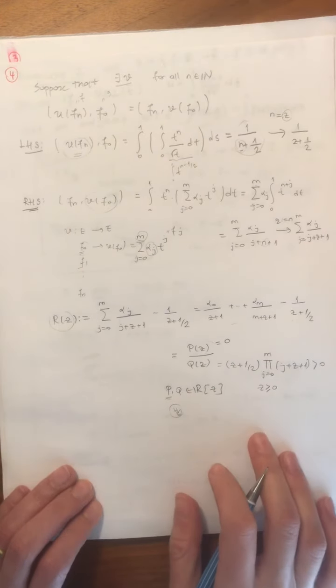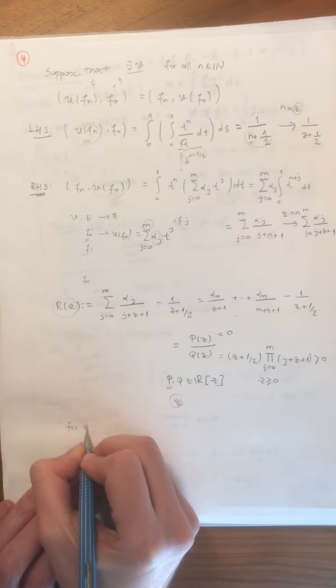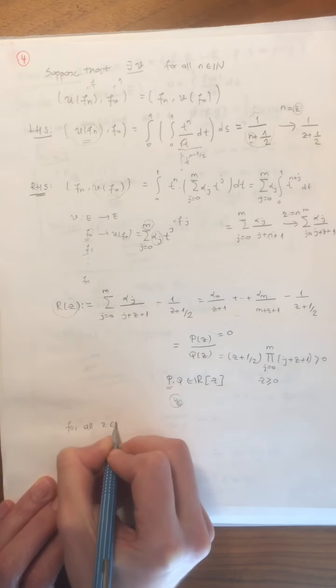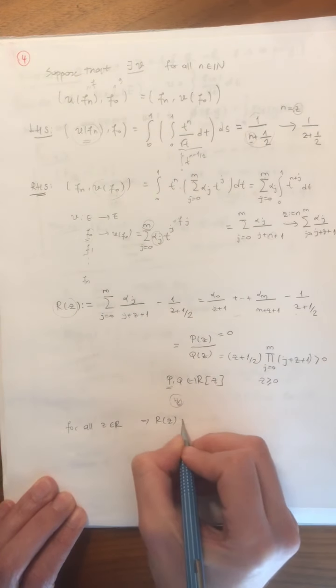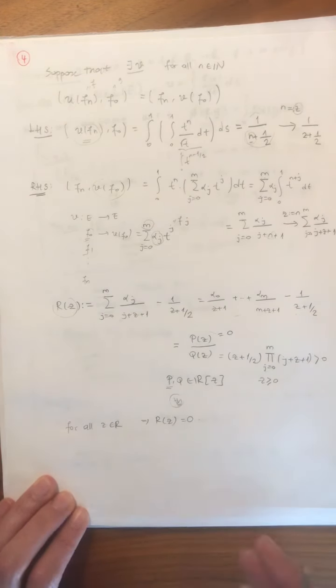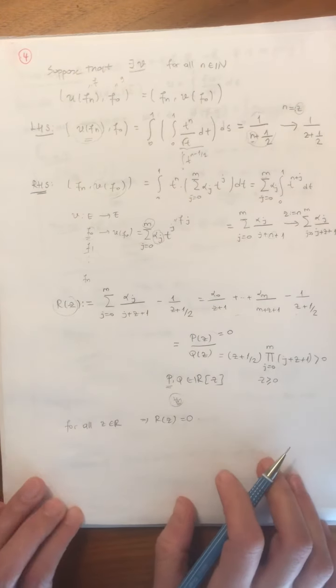And if it is identically 0, that means for all real numbers, since p of z is 0, R of z is going to be 0. So that means we need to see this equality for all real numbers.